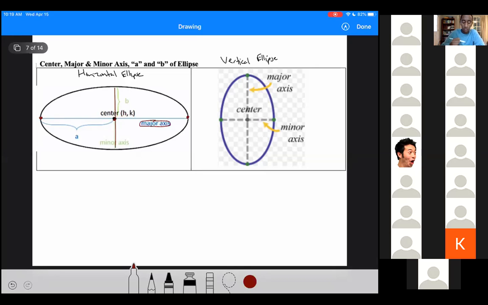The minor axis is the shortest, but both of them have to pass through the center. If it is a horizontal ellipse, then the major axis will be horizontal. If it is a vertical ellipse, then the major axis will be vertical, because that will be the longer axis, and the minor axis would be horizontal. Okay.